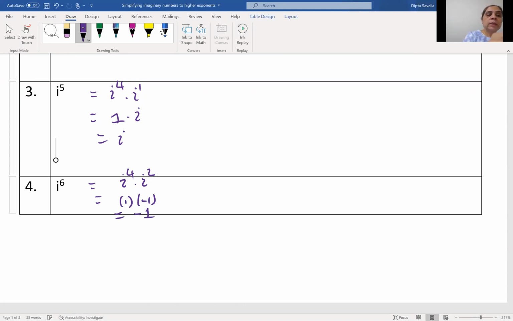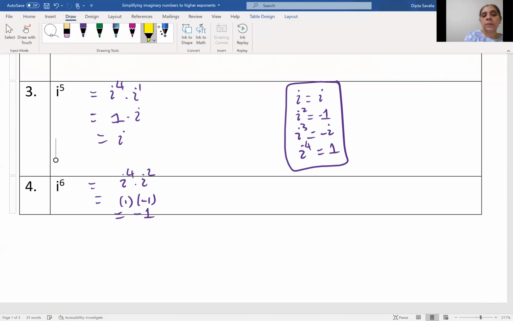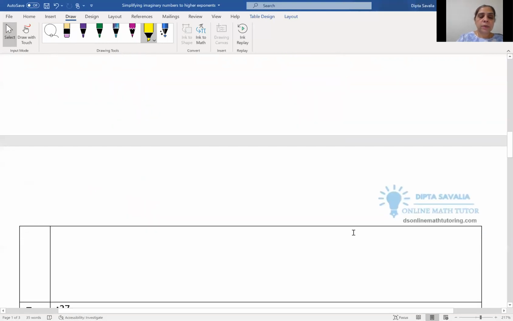So you will see this pattern. You have to memorize this: i is i, i squared is -1, i cubed is -i, and i to the fourth power is 1. If we memorize this, it will help you to simplify higher powers of imaginary numbers.